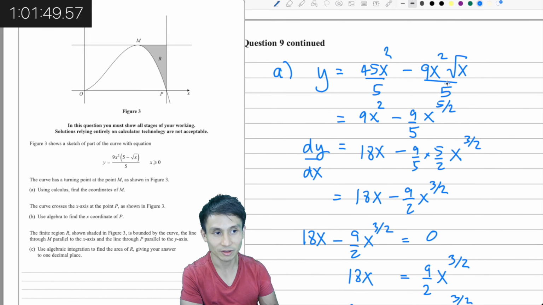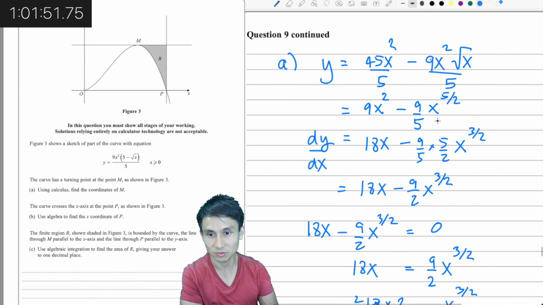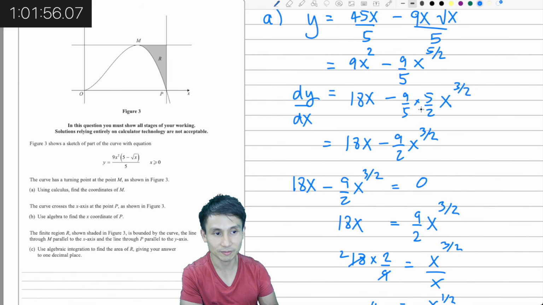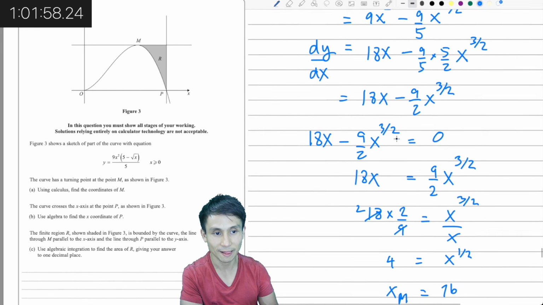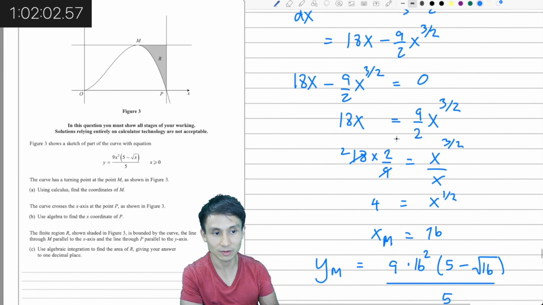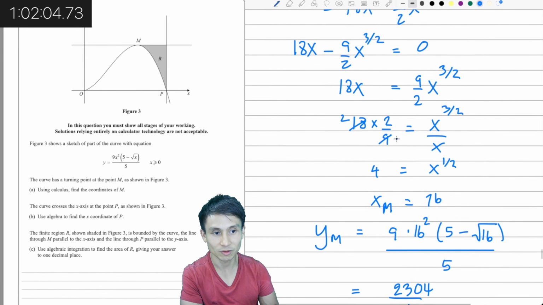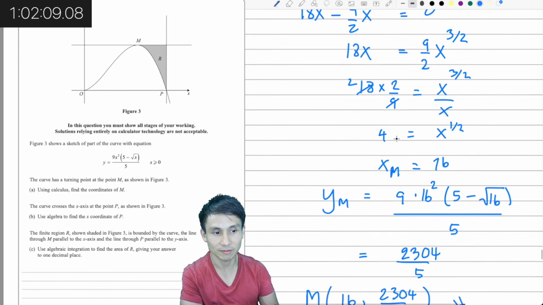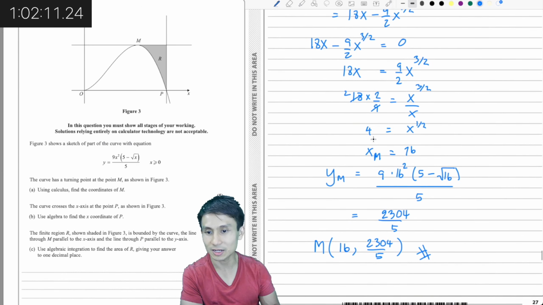This is x to the 5 over 2. That's 2.5. Differentiate. Yep, I'm happy with that. Okay, and then equate that to 0. Move that to the other side. Move that. So we get 4 equals x to that. So x is 16. Yeah, 16.